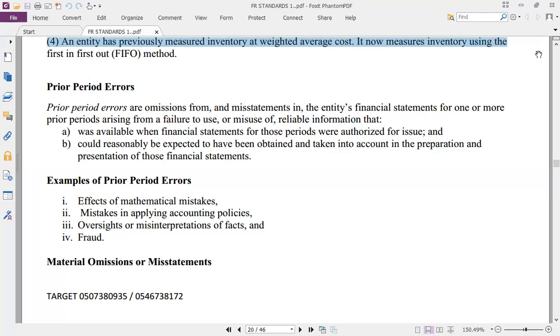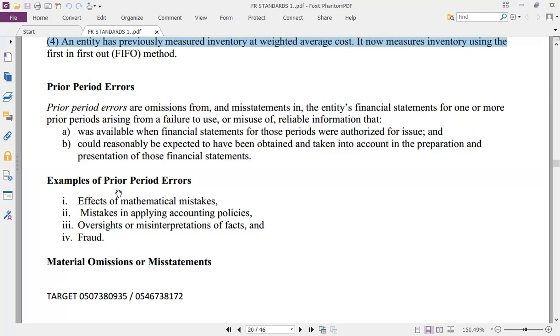The mathematical mistake is when you are casting, like sales is 20,000 and then the cost of sales is 18,000, so the gross profit must be 2,000 and you realize you wrote 4,000. This is a mathematical mistake. Accuracy, good. This mistake has nothing to do with accounting policy or estimate.